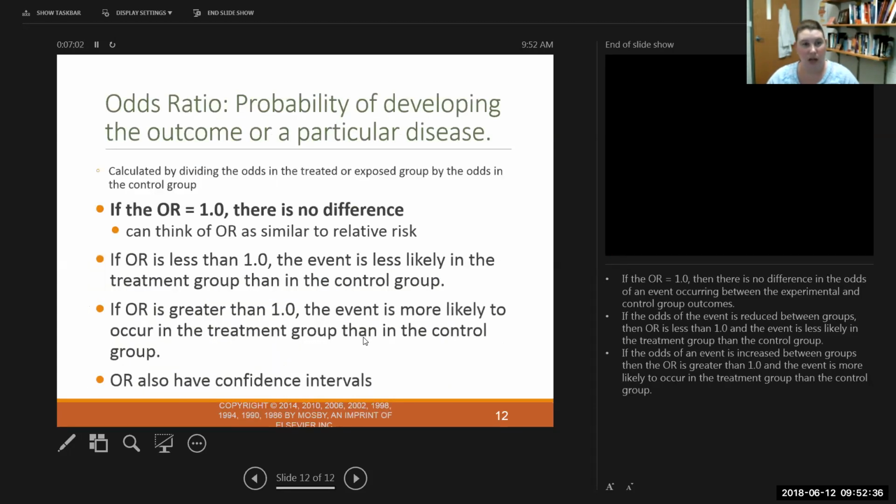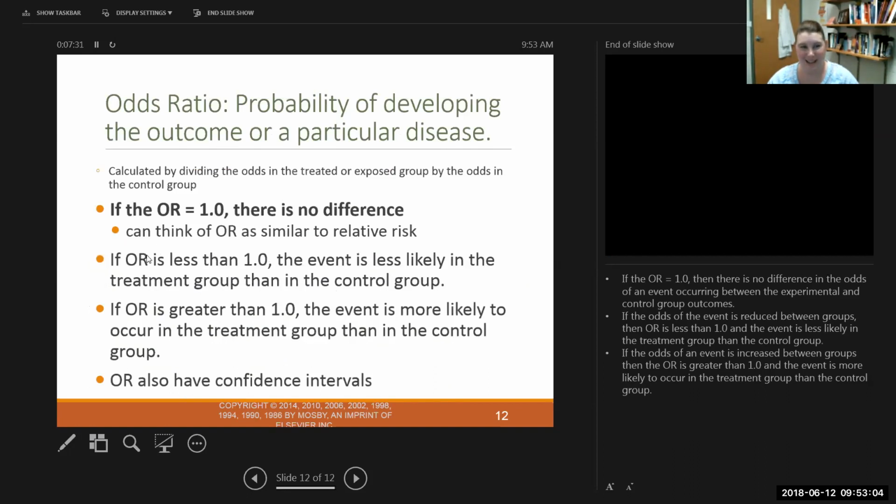The other thing to look at is odds ratios, which is the probability of developing the outcome or developing a particular disease. If an odds ratio is less than 1, the event is less likely to happen in the treatment group than in the control group. So this could give you odds that the treatment is worthwhile, that it's working.